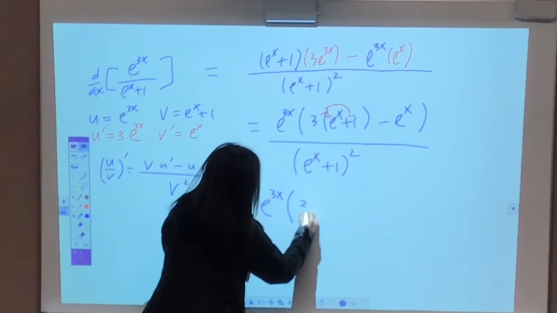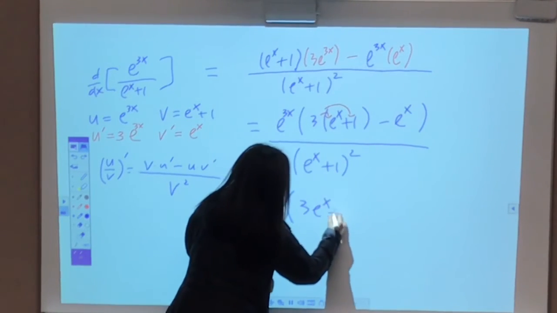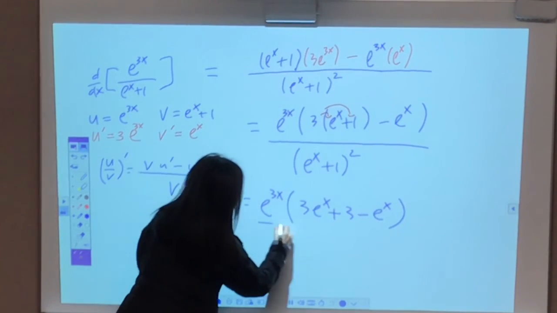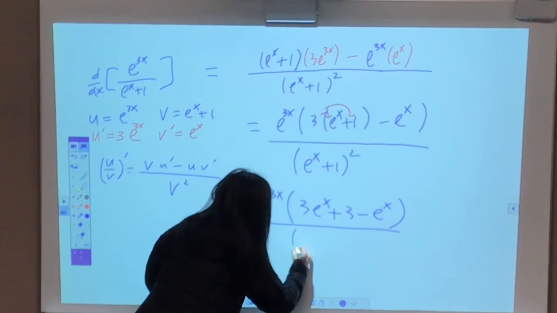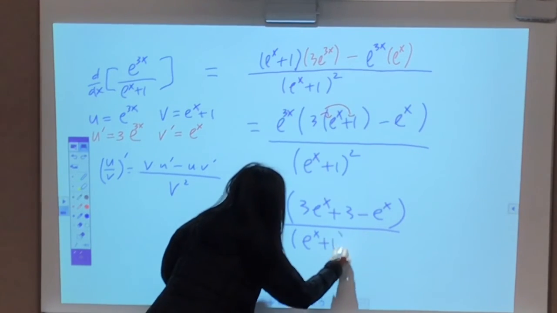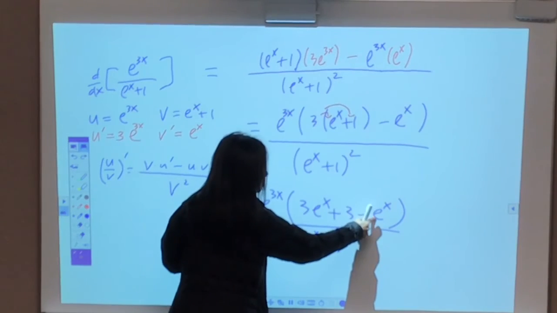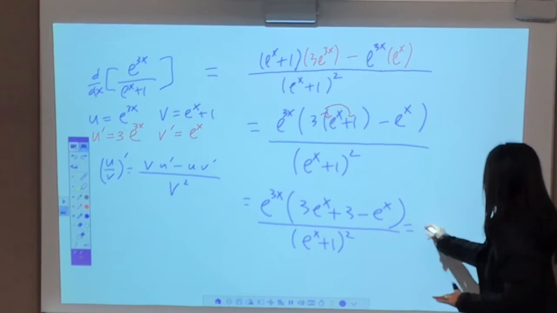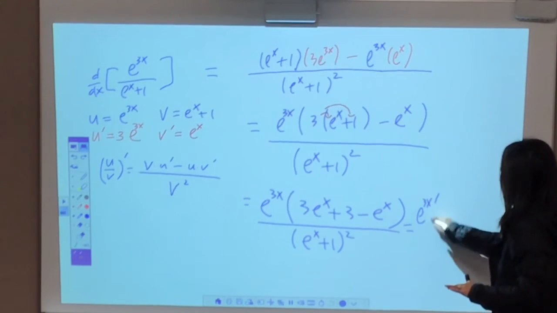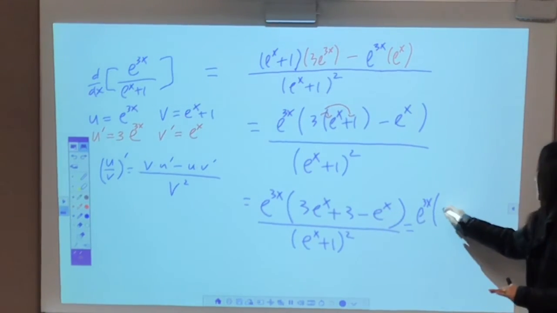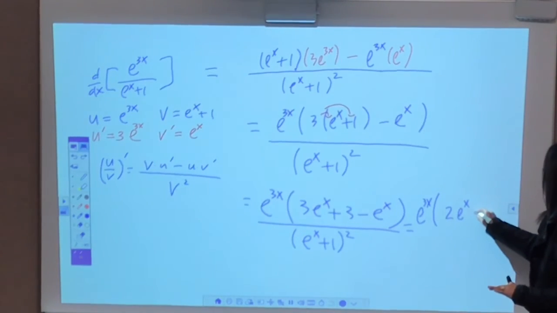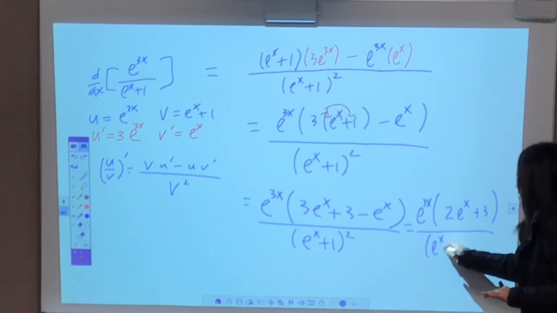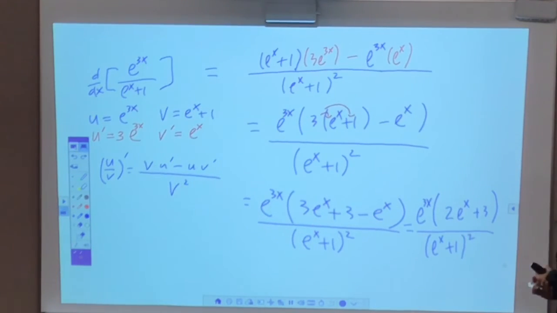I have 3e to the x plus 3 minus e to the x, everything over, of course, the same thing again. 3 minus 1 gives me only 2. So I have e to the 3x times 2e to the x plus 3, everything over e to the x plus 1 squared.